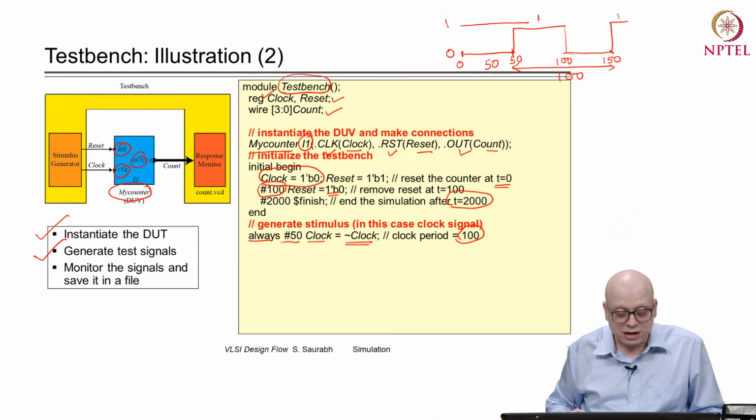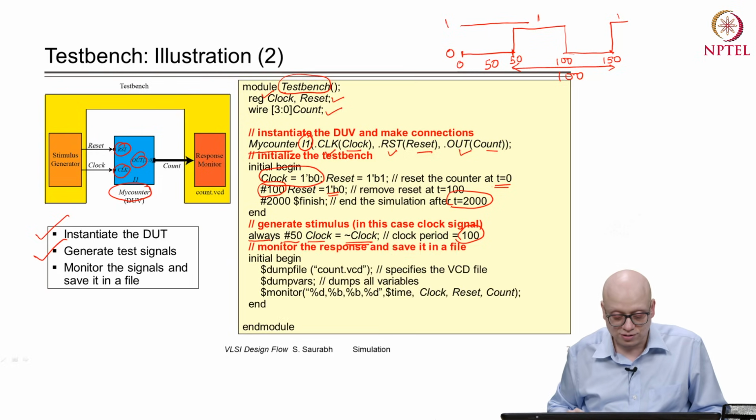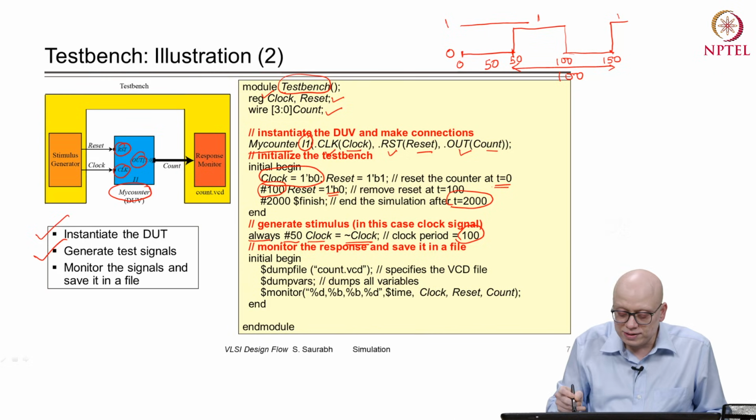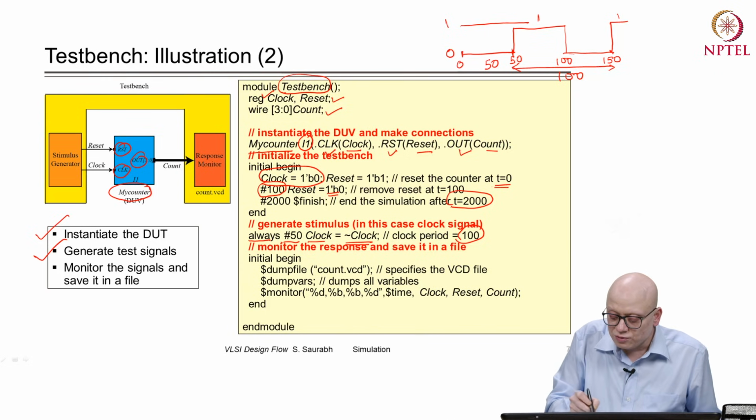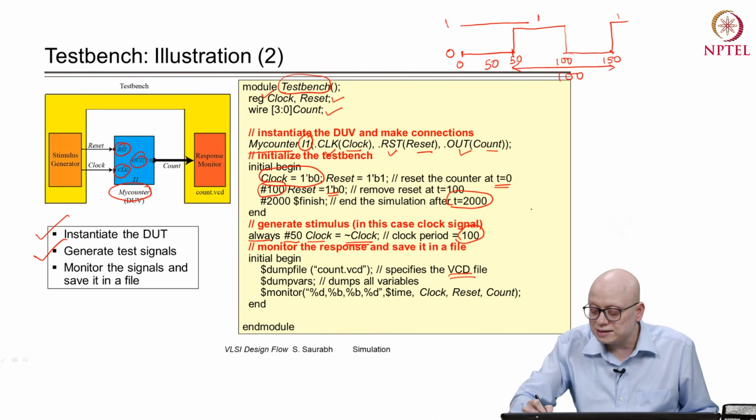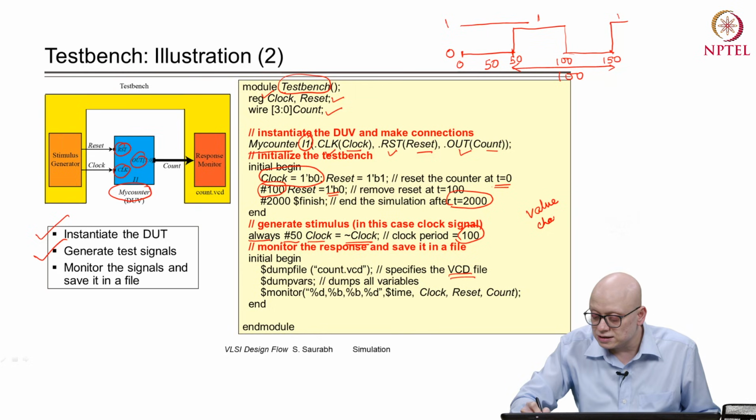Now, the next part is monitoring the output response. For monitoring the output response, we open a VCD file. Now, what is a VCD file? VCD stands for value change dump.